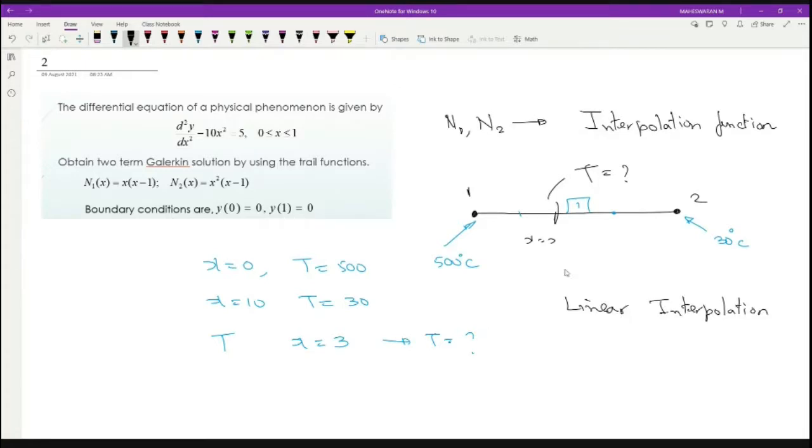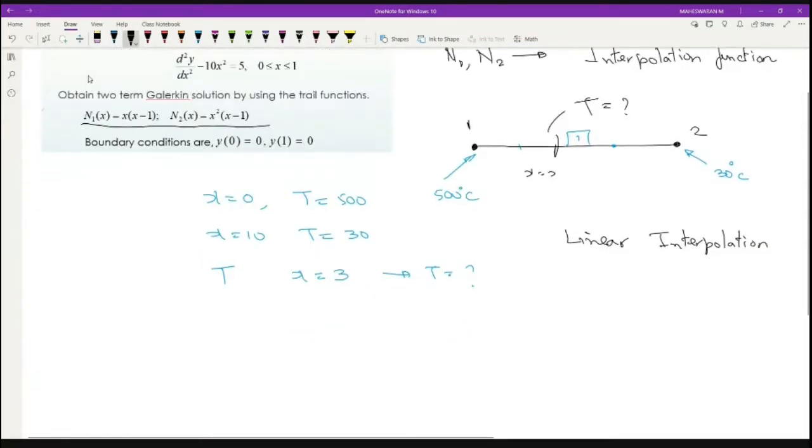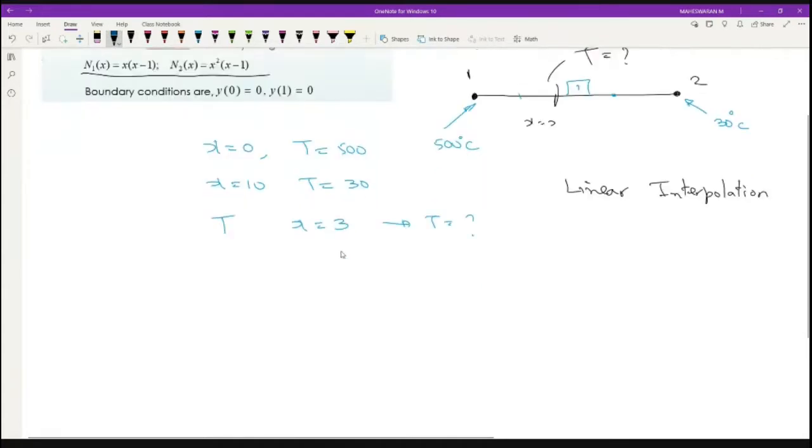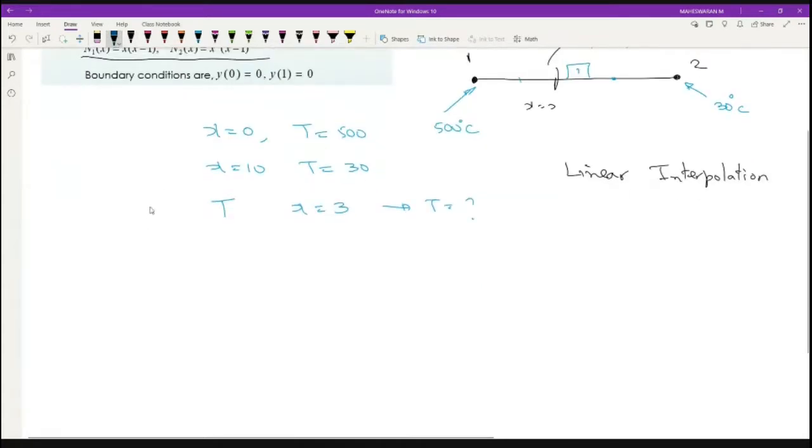If I want the value in between the element, which doesn't have any nodal point, I use these interpolation functions. We will be discussing these things in detail in the following units. Whenever you have an interpolation function like this, you can get your trial function.